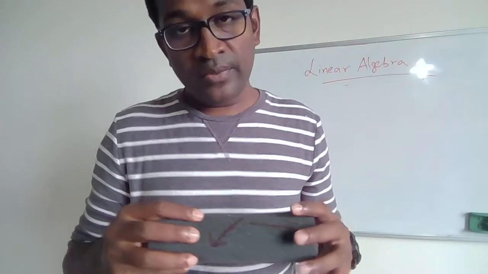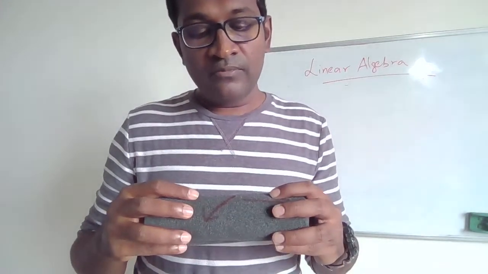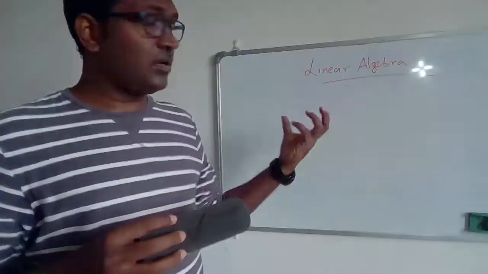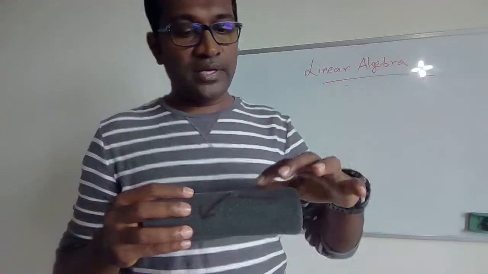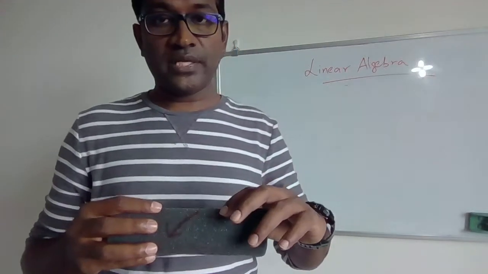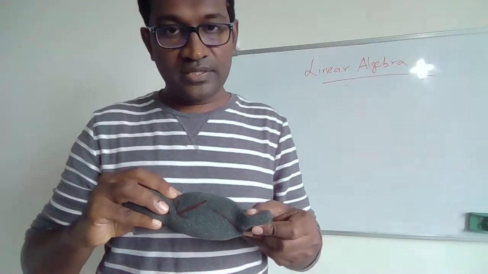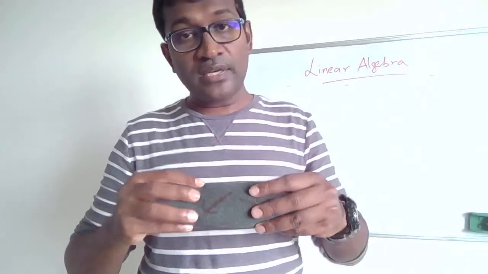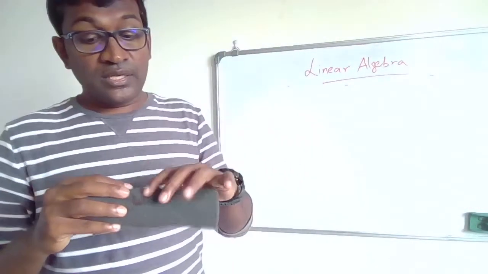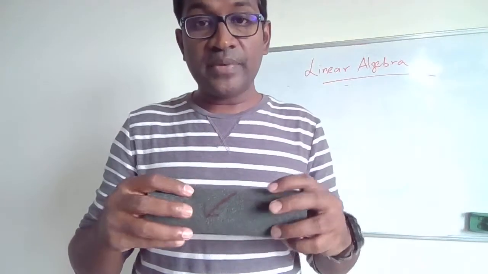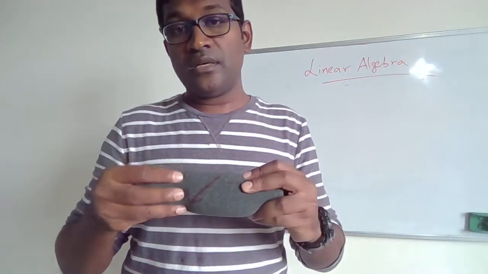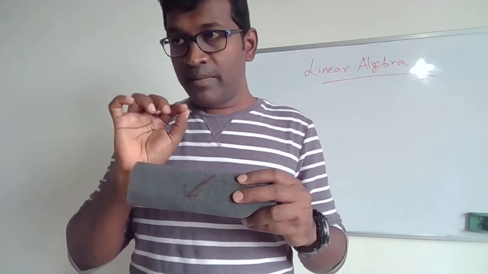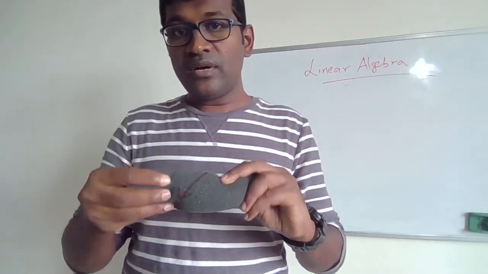So why is this important? When you do a linear transformation, it changes a lot of existing vectors. You're applying a matrix to these vectors, and it changes their positions and deforms them. But certain vectors, which are called eigenvectors, do not change their direction, they are just scaled or shrunk.